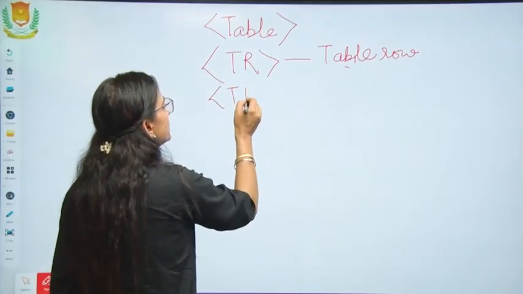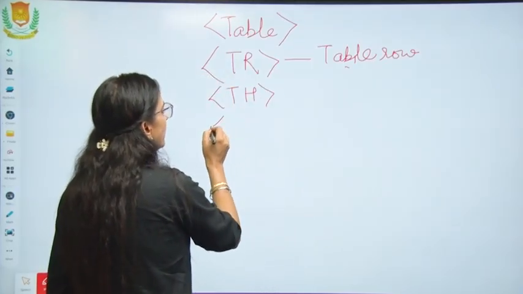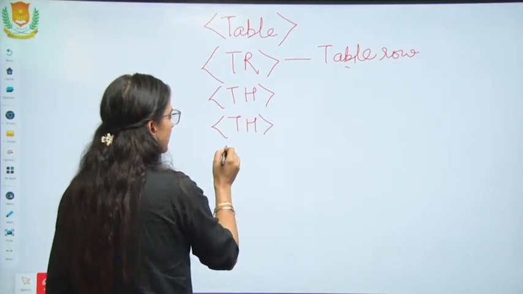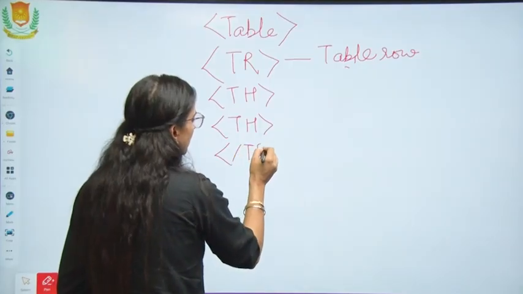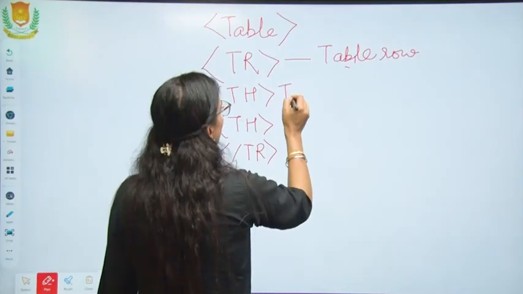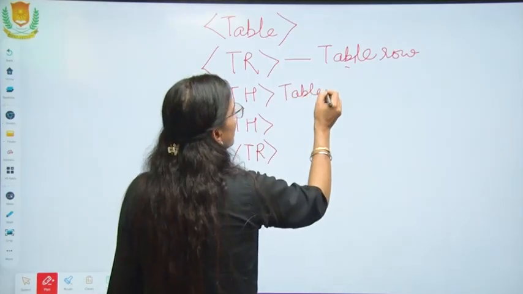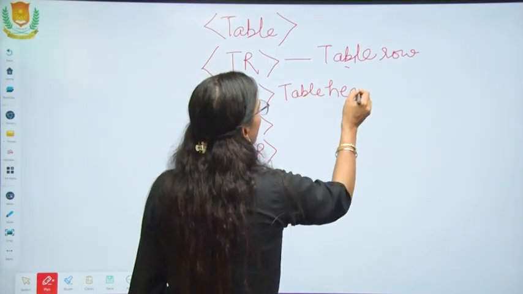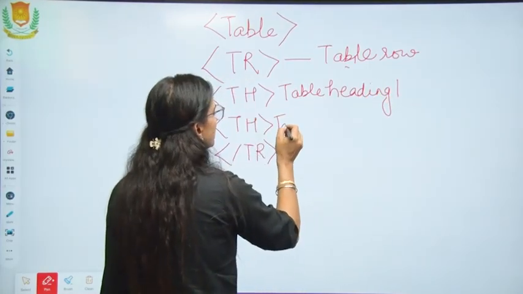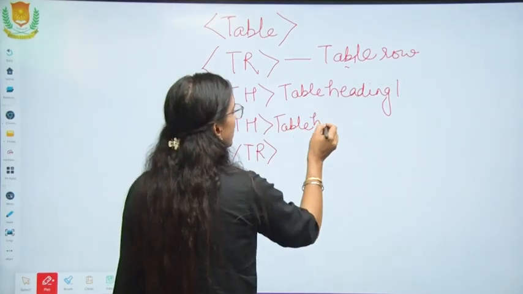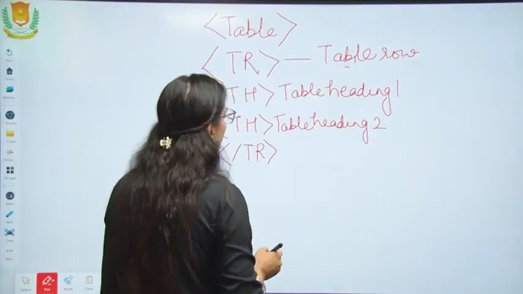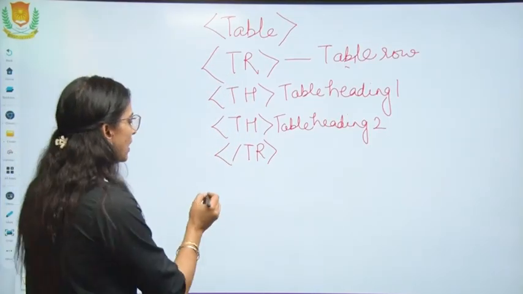Now as it is the first row, we will write the table heading. This is table heading 1. This is table heading 2. The first row is closed now.